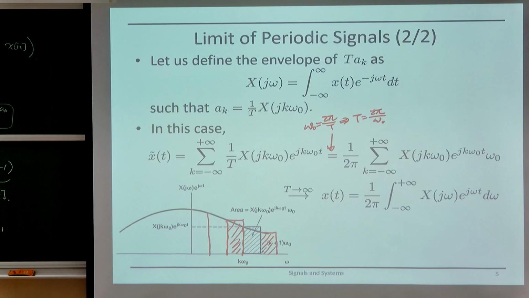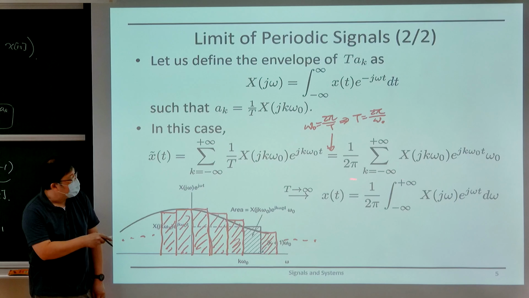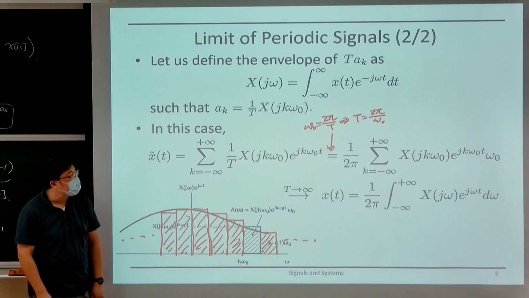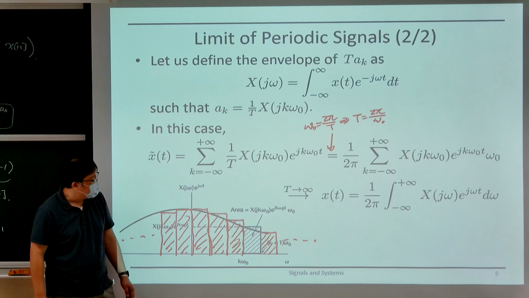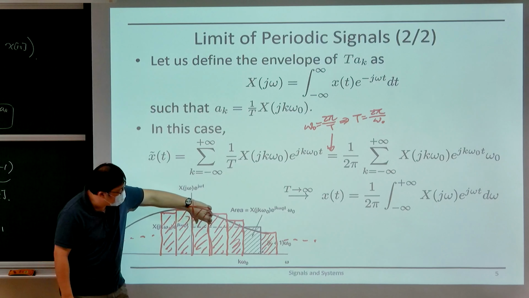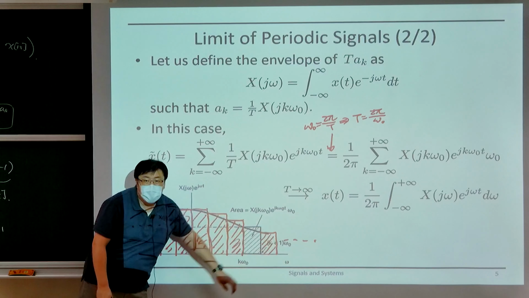For k minus 2, k minus 3, and so on and so forth. So what you have here is basically 1 over 2 pi times the sum of all these bar regions.